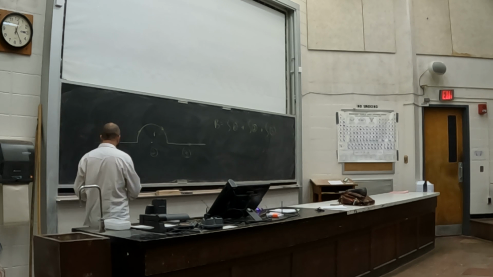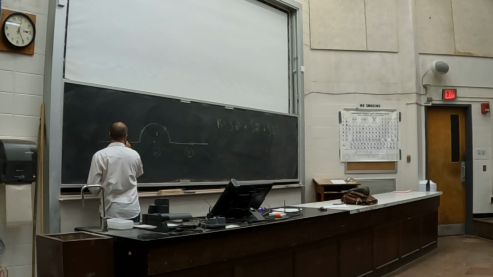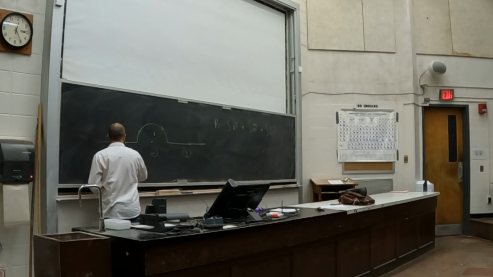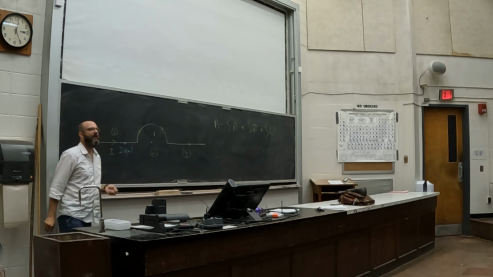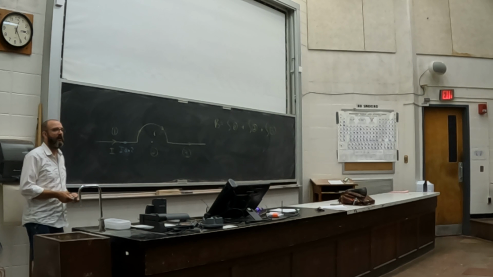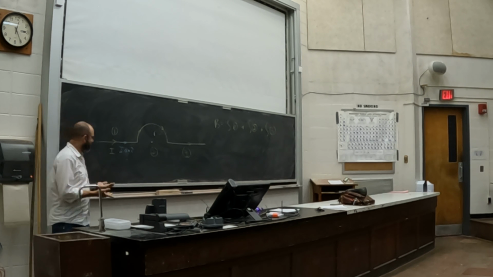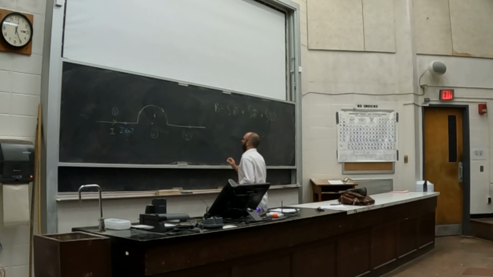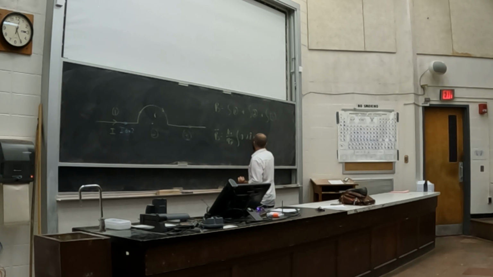Okay, here is your current vector, I dx i-hat, right? dx i-hat is going to be the path of integration. Remember, maybe I should write down the law: mu naught over 4 pi, integral of I dl cross r-hat over r squared.